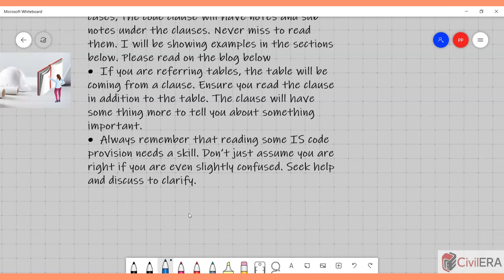Somebody who has already gone through that clause and used that code for a long time may be in a position to help you with a clear interpretation. So keep these 3 points in mind whenever you interpret a code provision.